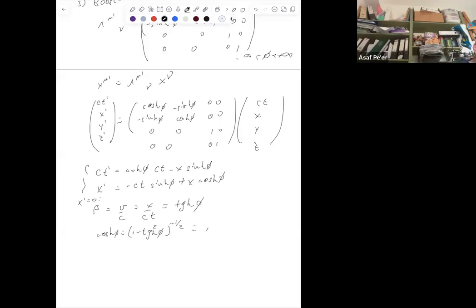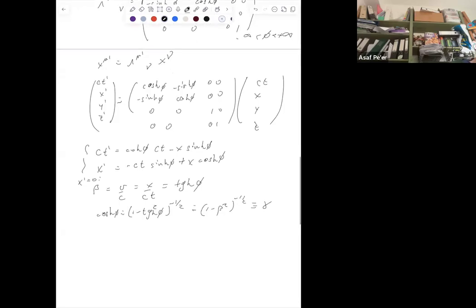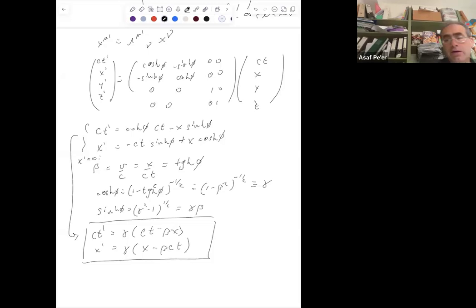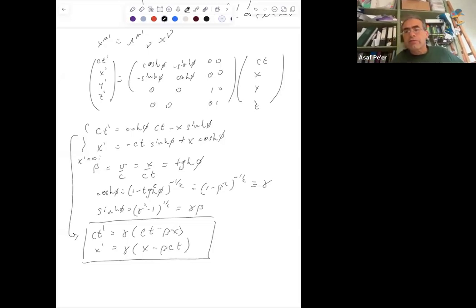So this is (1 minus beta squared) to the minus 1 half, which we call gamma. Then sine hyperbolicus of phi is gamma squared minus 1 to the half, which is gamma beta. And so from here we get that ct prime is equal to gamma (ct minus beta x), and x prime is equal to gamma (x minus beta ct), which is the familiar looking Lorentz transformation that you know from first year studies.